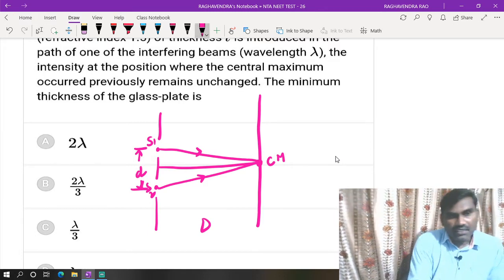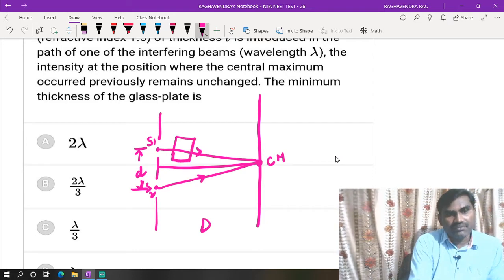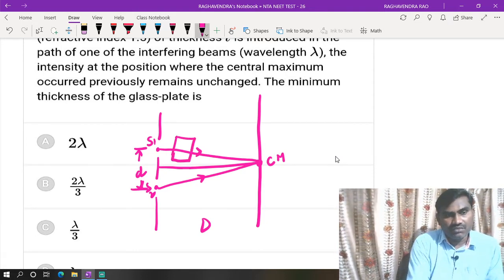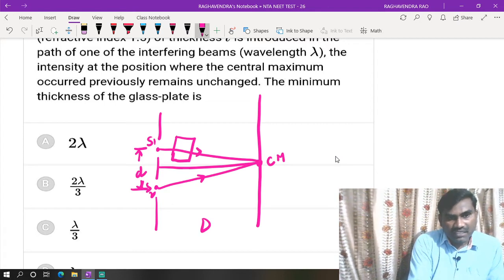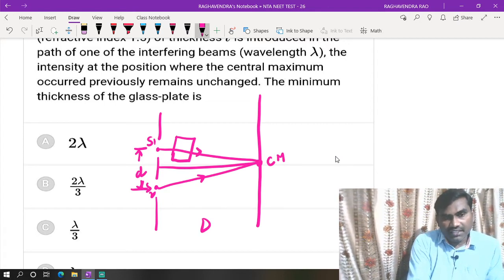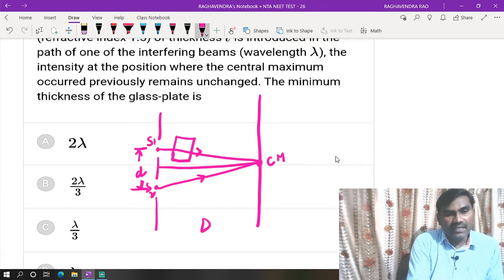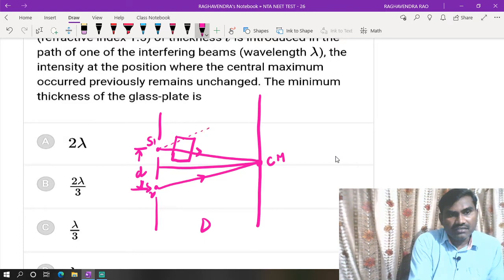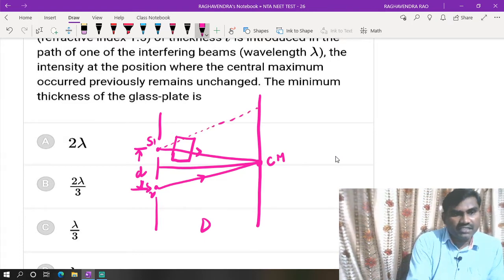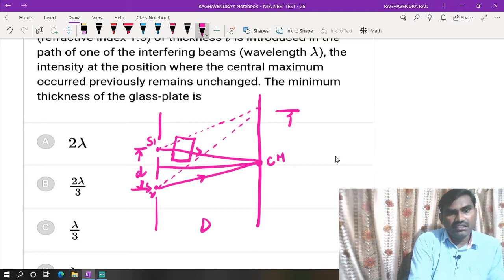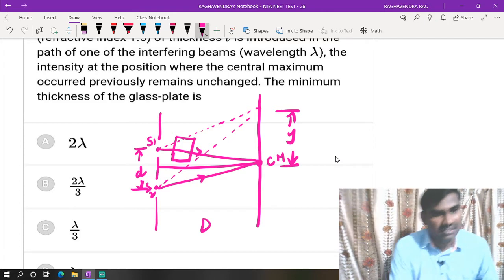Now, according to lateral shift, when you place a glass slab in the path of one of the rays, there will be a shift towards that ray. That means the central maximum will shift to this point. Now this is a shift in the central maximum. This is called lateral shift.